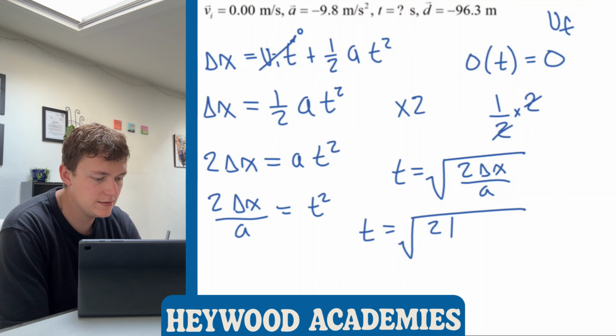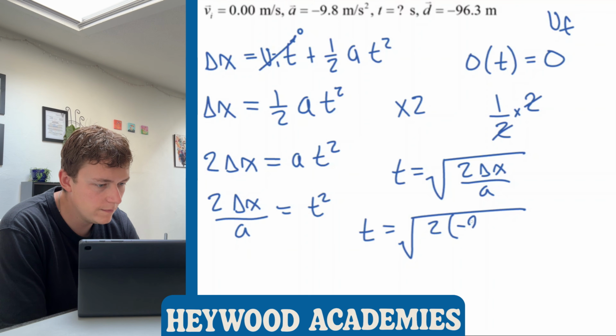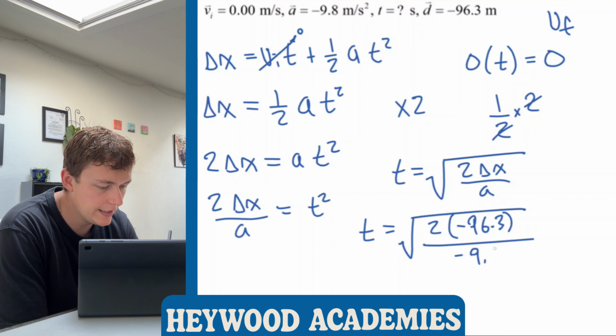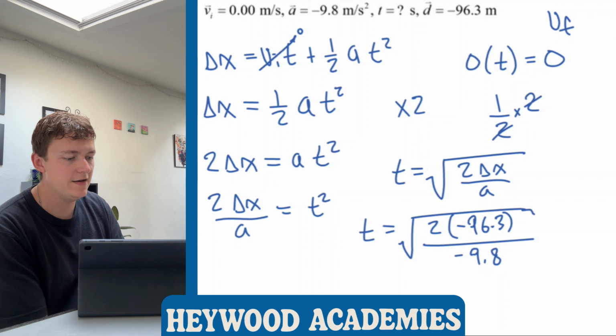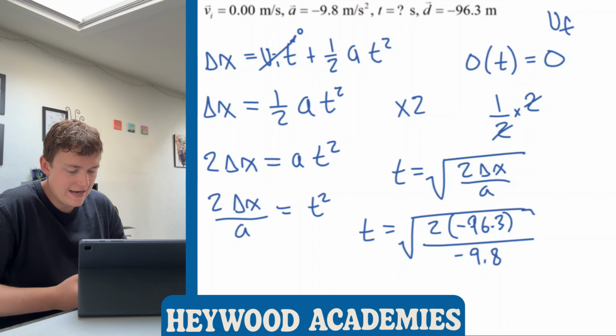So delta x, we've got minus 96.3, and our acceleration is negative, so we are okay. One thing that could have been an issue here is if we had a negative number inside our square root, it's going to give us an error because it's undefined.